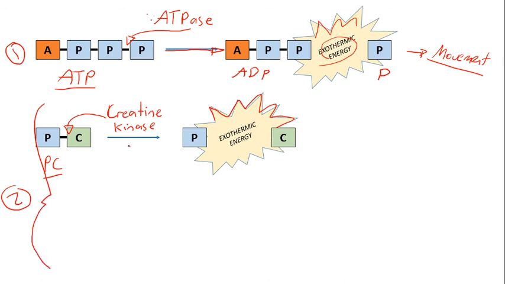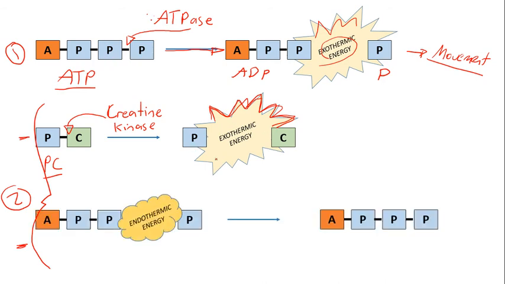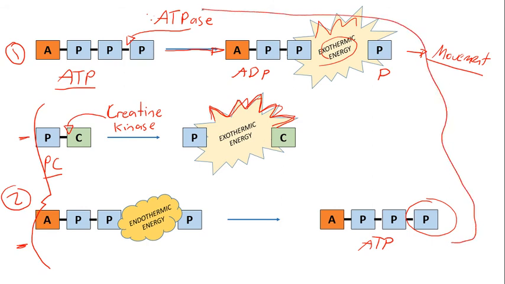This is known as a coupled reaction because stage one here is going to be working with a partner. This exothermic energy here is useless for movement because our body doesn't use phosphocreatine to move. Rather, this exothermic energy is being used to reattach this third phosphate molecule to resynthesize an ATP. And all that would happen then is this ATP molecule would come all the way back up and the process would start again.